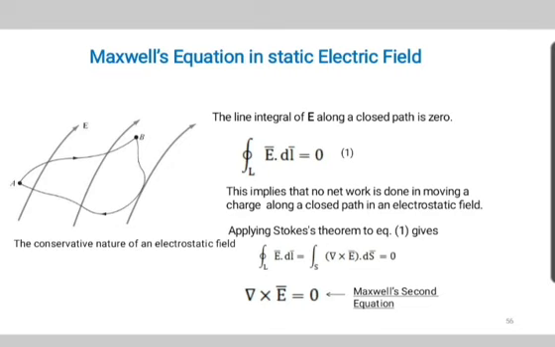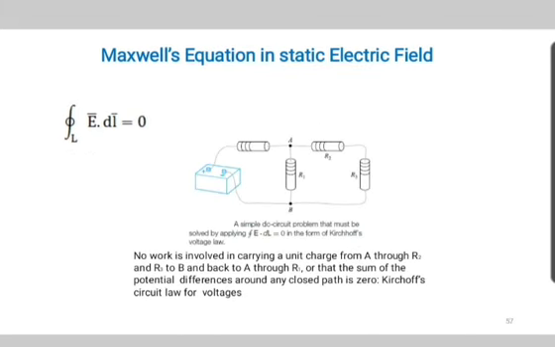Then Maxwell's next equation is the line integral of magnetic field intensity over the closed path is equal to the surface integration of current density.